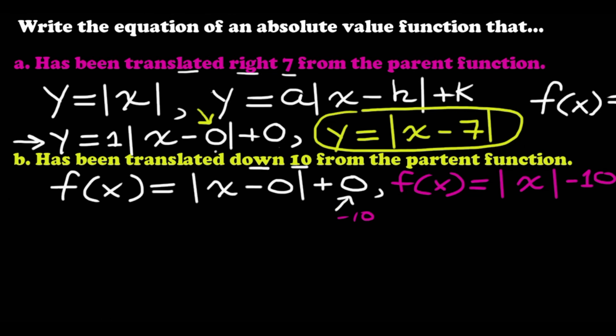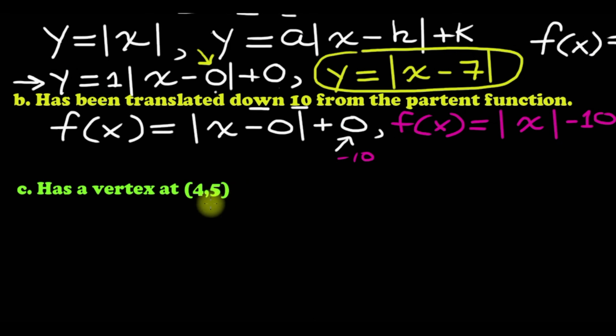All right, let's take a look at the next one. Now this one has a vertex. So the vertex is at (4, 5). So the h is the x-coordinate of the vertex, and the k is the y-coordinate of the vertex. How do we write an absolute value function that has a vertex of (4, 5)? So here you go. f of x equals the absolute value of x, minus, you're always going to subtract here because of the standard form.